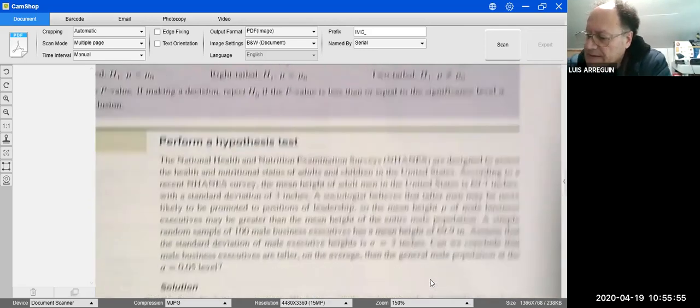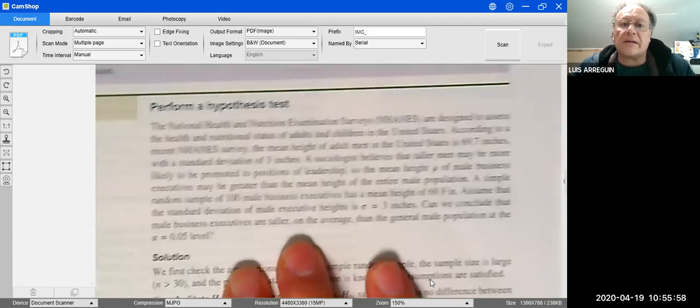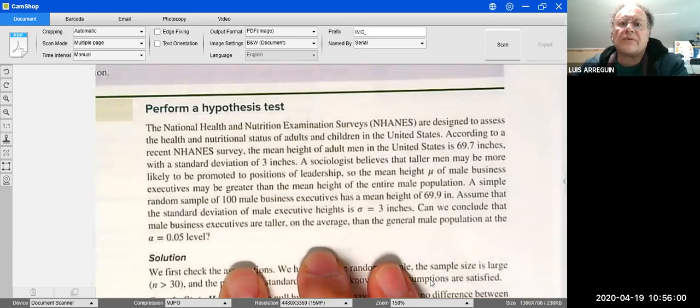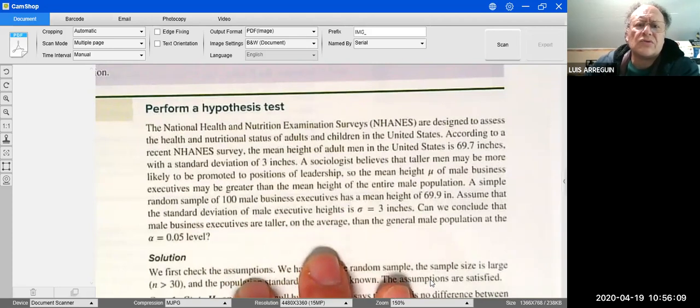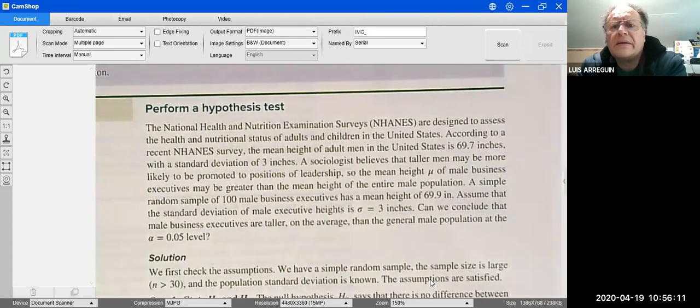The problem says that the National Health and Nutrition Examination Surveys are designed to assess the health and nutrition status of adults and children in the United States. According to a recent survey, the mean height of adult men in the United States is 69.7 inches, with a standard deviation of 3 inches. A sociologist believes that taller men might be more likely to be promoted to positions of leadership, so the mean height mu of male business executives might be greater than the mean height of the entire male population.